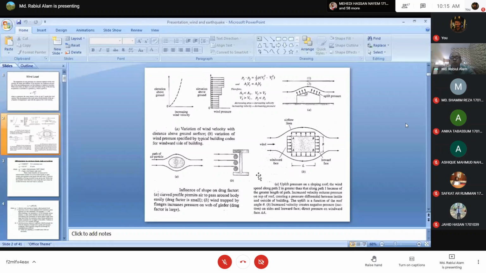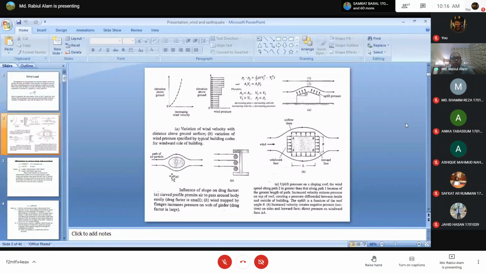How does wind pressure vary? And we found that the side where wind directly hits, that is the windward face, has a direct pressure. And the other three sides of buildings will have suction-type pressure, outward pressure.